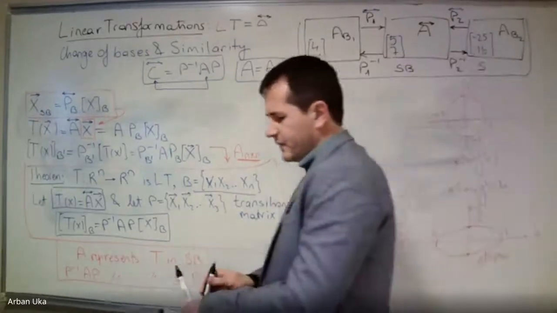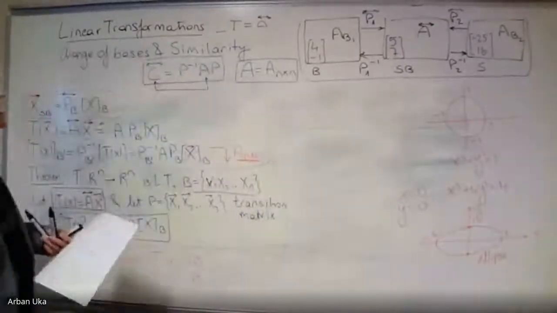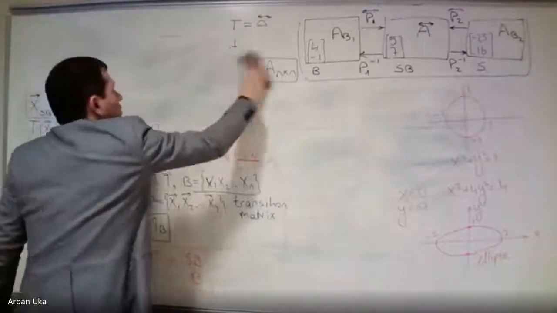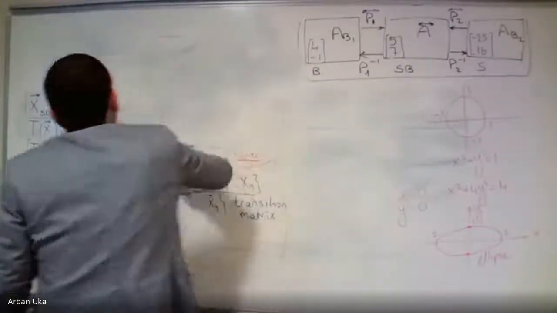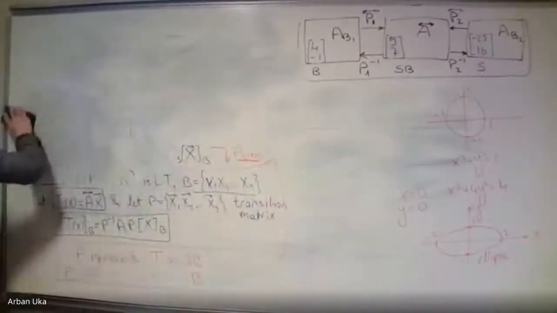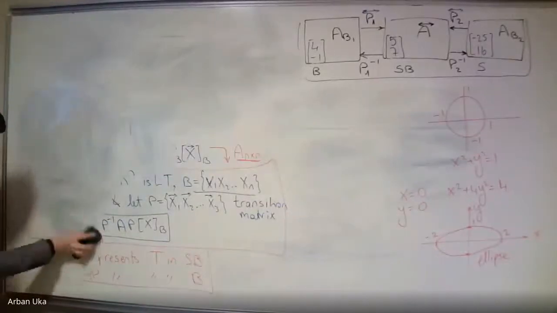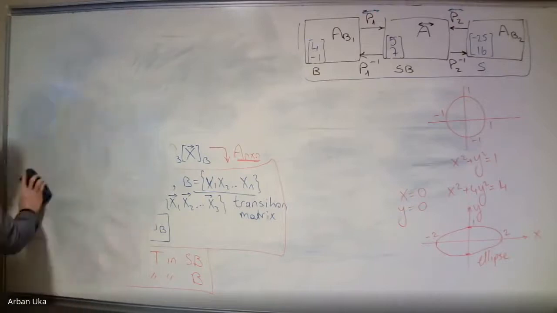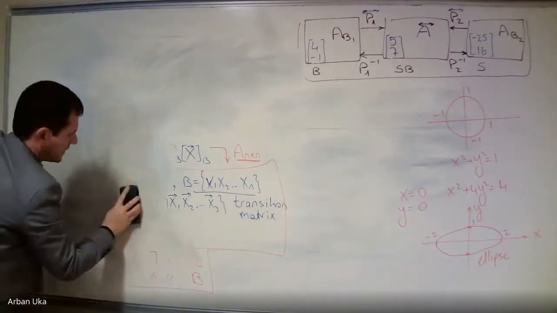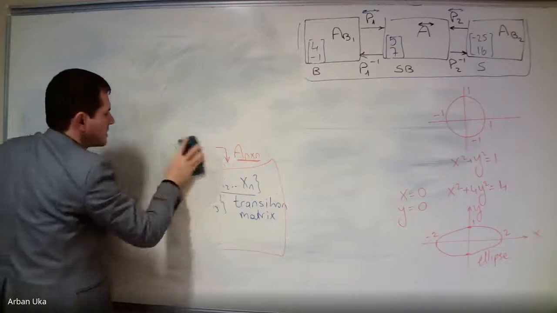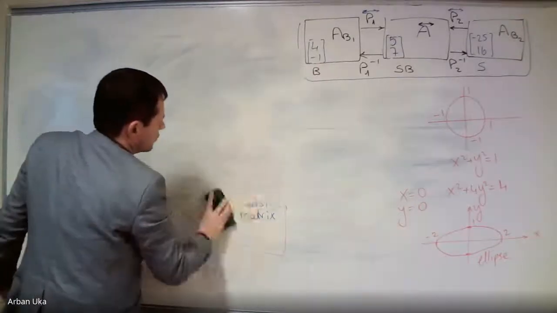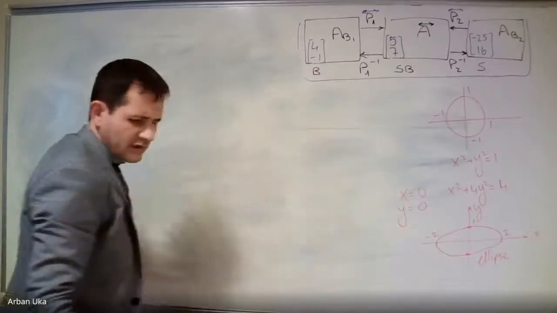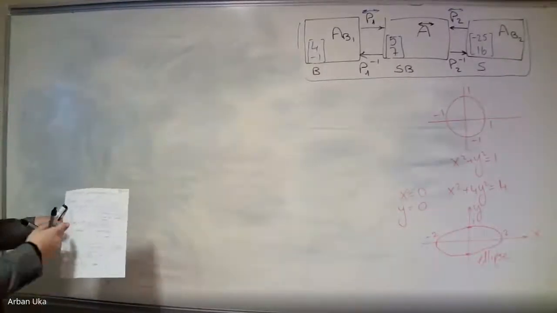Then I'll start with this example, but for this one, I'll need the board. What we're going to see now is just an example which can be used to understand the fundamental importance of the basis change.